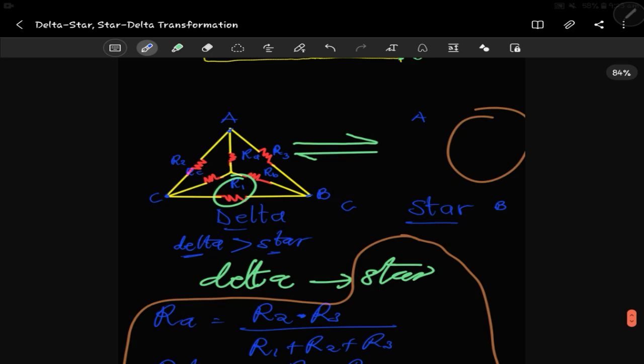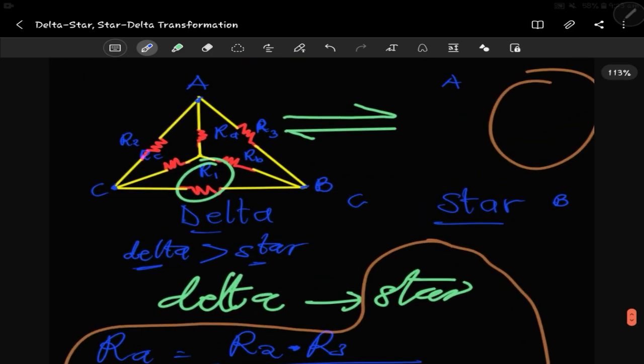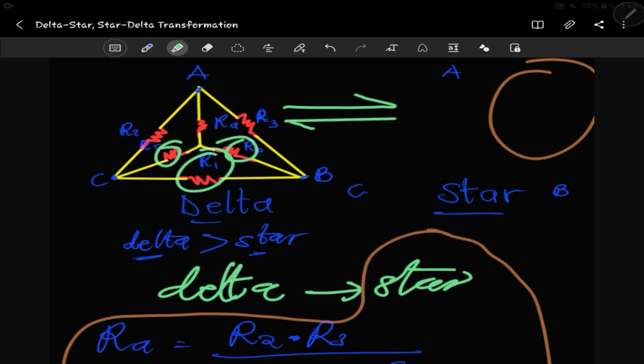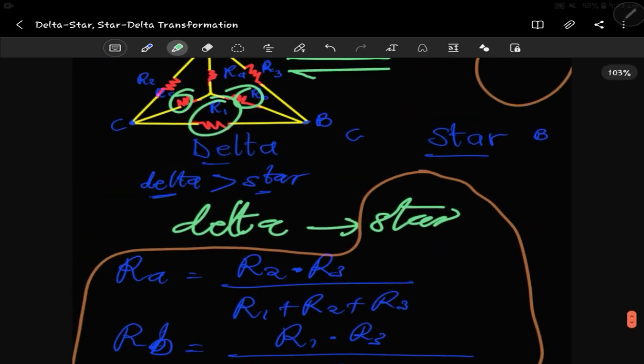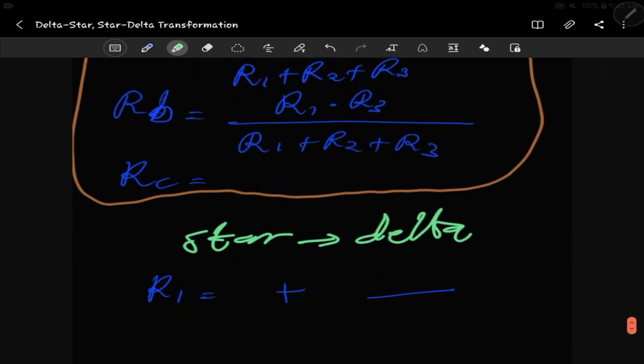When you look at R1, what are the resistors that are directly opposite, that you can see are connected to R1? Clearly, it is RC and RB. So what star to delta says is that you add those ones. Basically, we have RC plus RB, right?